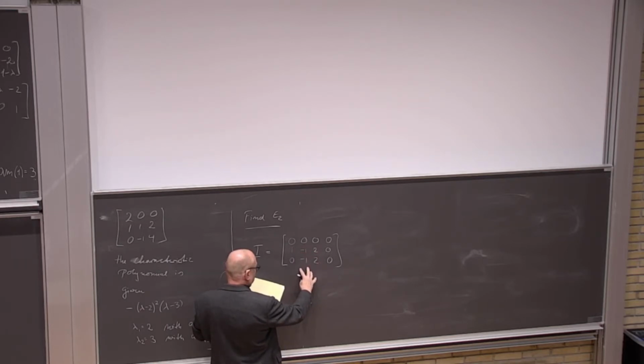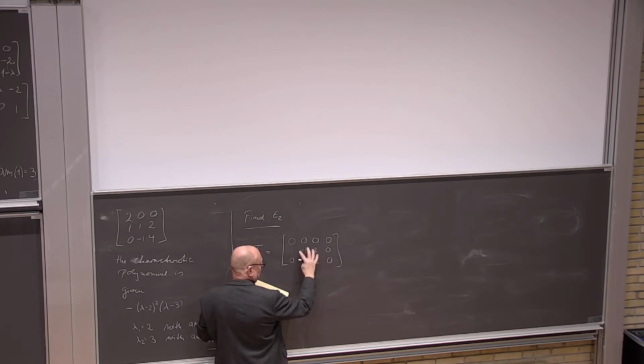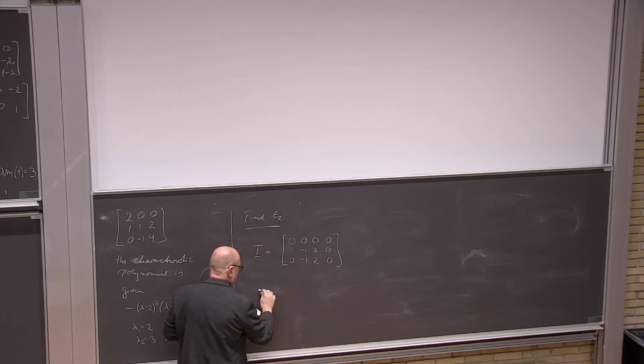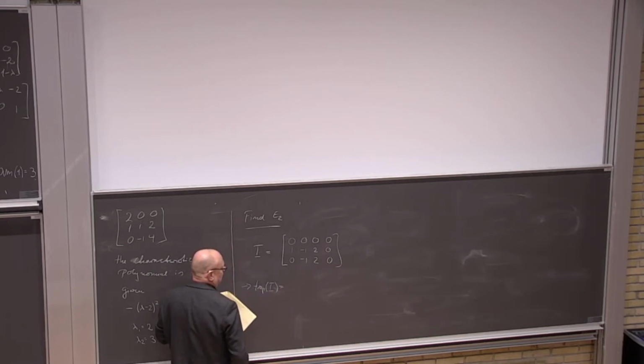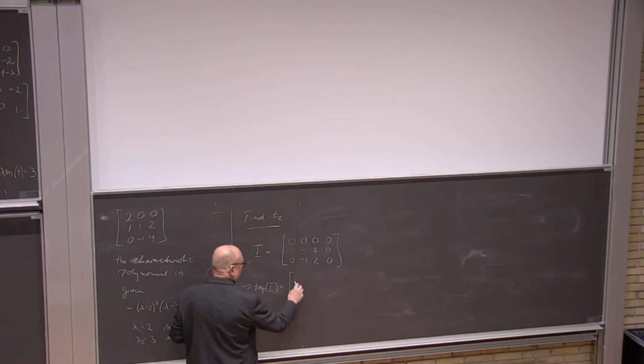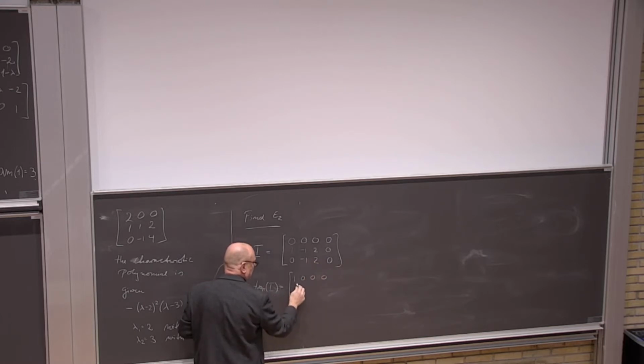What can I do about all this? I can change sign on this row, and then add it to this one. Then I get rid of this one, and I can put the 0 at the bottom, and I get the fully reduced matrix as 1, 0, 0, 0, and then 0, 1, minus 2, 0.